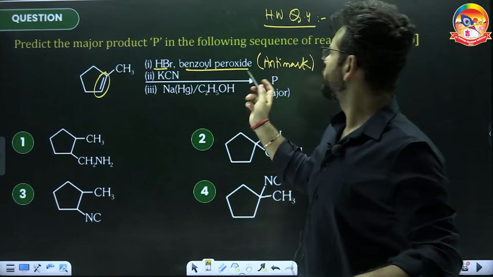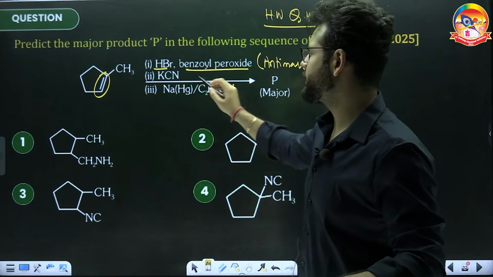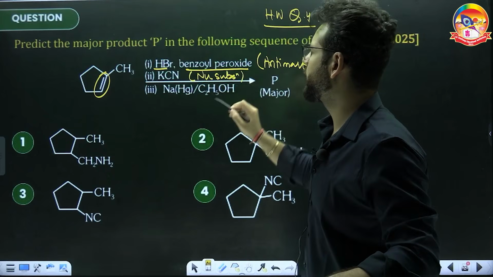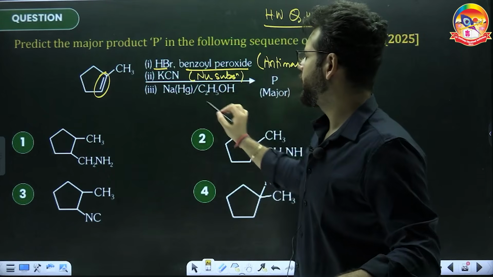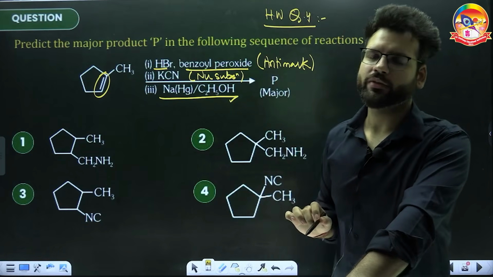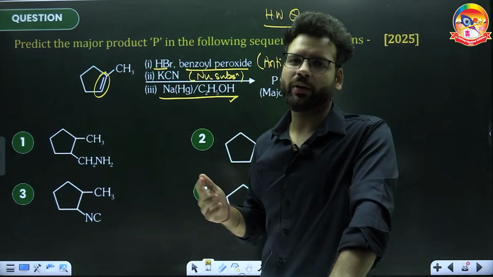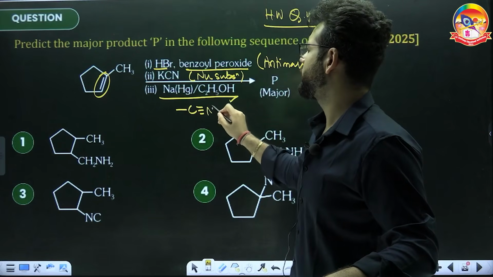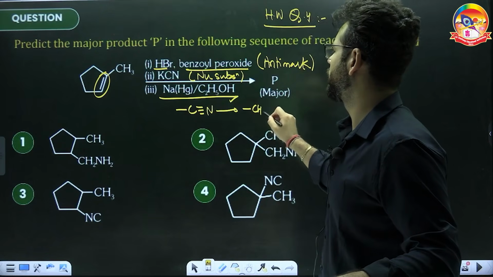So anti-Markovnikov. KCN is a nucleophilic substitution where Br will be substituted by CN minus, and then sodium amalgam in ethanol is a reducing agent which converts cyanide to primary amine.